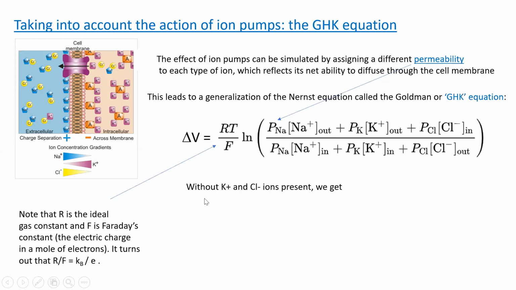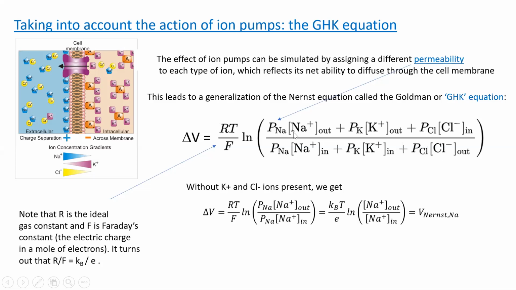So let's see the limiting cases here. Without the potassium and chlorine ions present, so if the concentrations for potassium and chlorine are 0, the membrane potential is RT over F times the log of the permeability of sodium times the concentration of sodium outside over the permeability of sodium times the concentration of sodium inside.